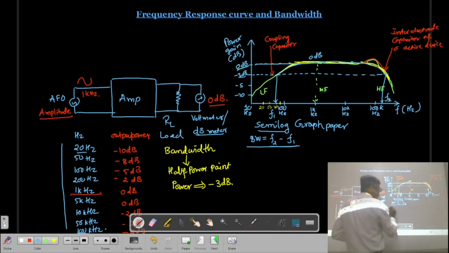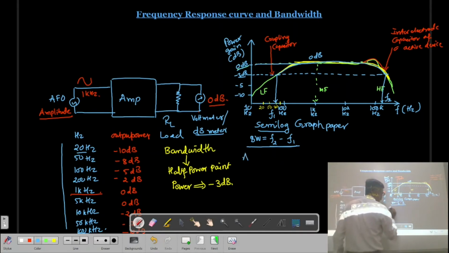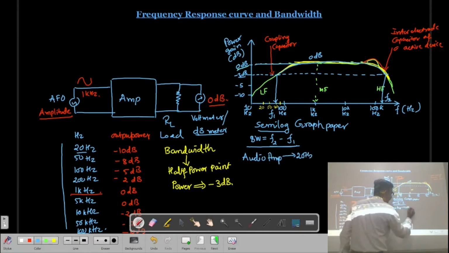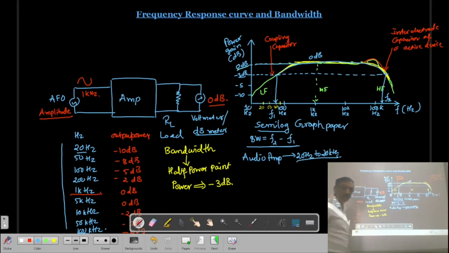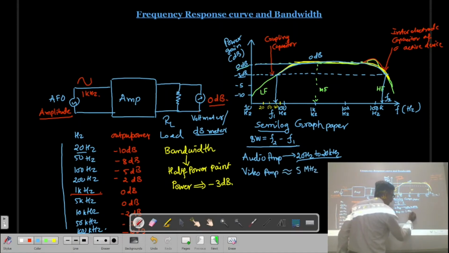Normally, if you have an audio amplifier, then this bandwidth will be from 20 Hz to 20 kHz. It means its maximum frequency will be 20 kHz. In the case of a video amplifier, this bandwidth will be up to 5 MHz.